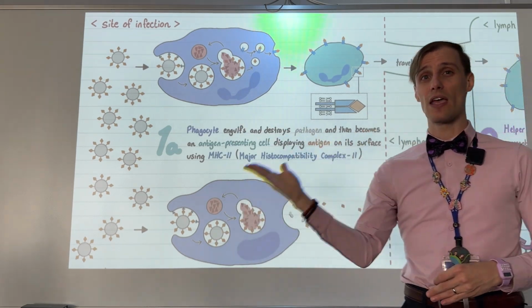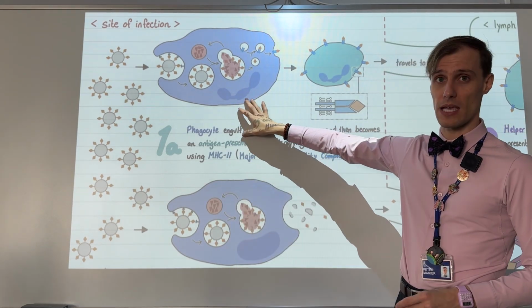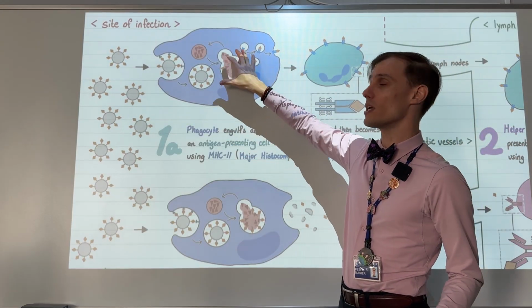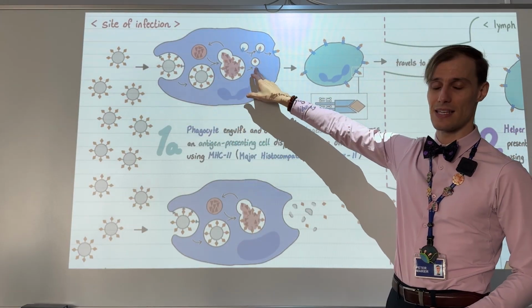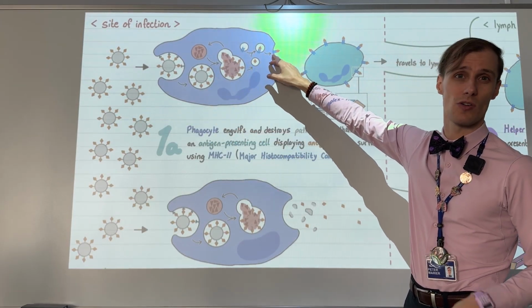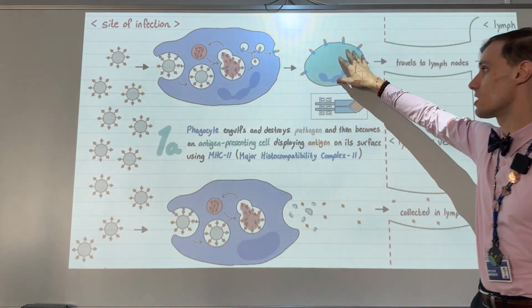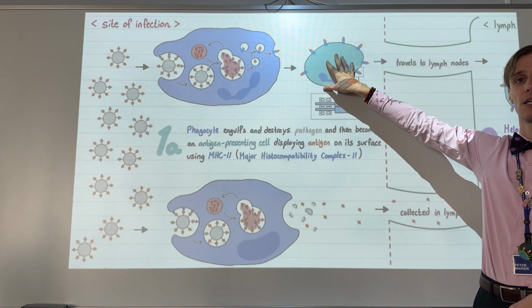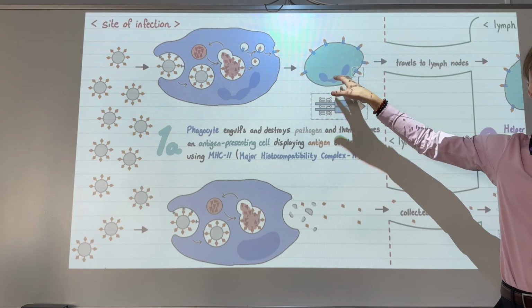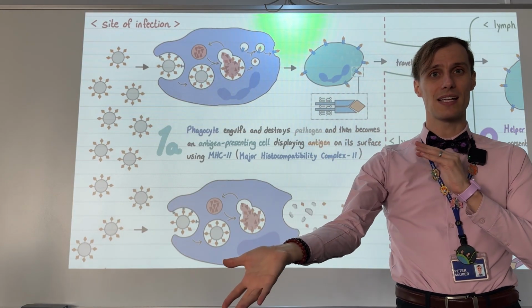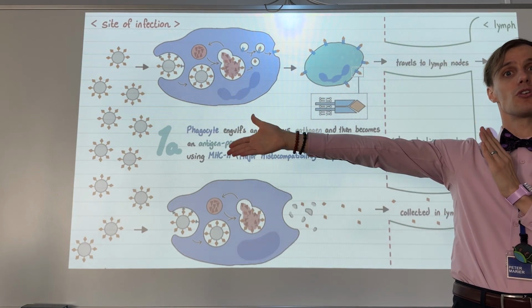Now, two different things are going to happen here. In some cases, your phagocytes are not only going to destroy them, but they're going to present these antigens on their major histocompatibility complex 2 or MHC2 receptors, thus becoming antigen-presenting cells. These cells are then going to go into the lymphatic system and then head off to your lymph nodes.